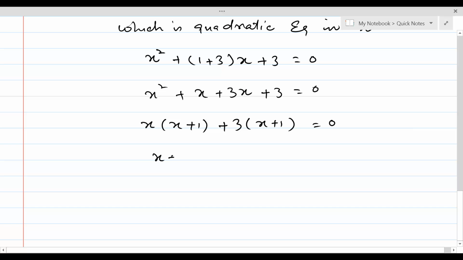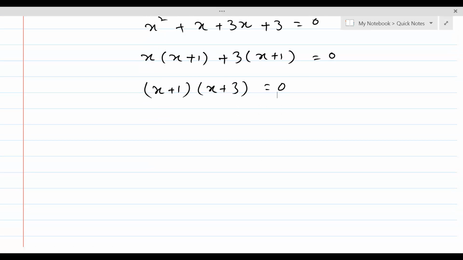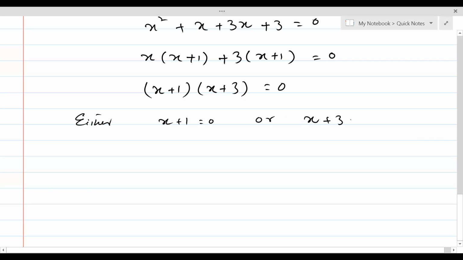If we take x plus 1 common, this is x plus 3 equal to 0. Since the product of two real numbers is 0, either x plus 1 is equal to 0 or x plus 3 equal to 0. This means x is equal to minus 1 or x is equal to minus 3.